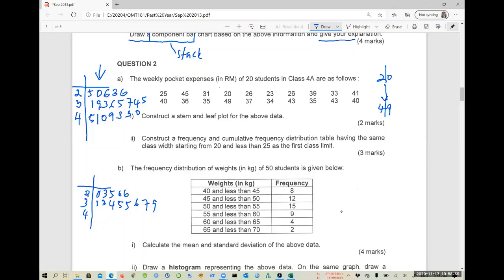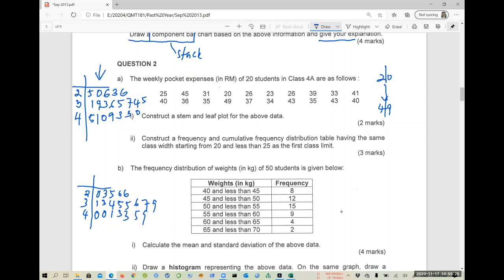And then for the last one you have 0, 0, 1, 2, 3, and then you have 5, 9. Okay, so this is your stem and leaf display for the 2 marks for this one. Okay, right, so that is your stem and leaf display.